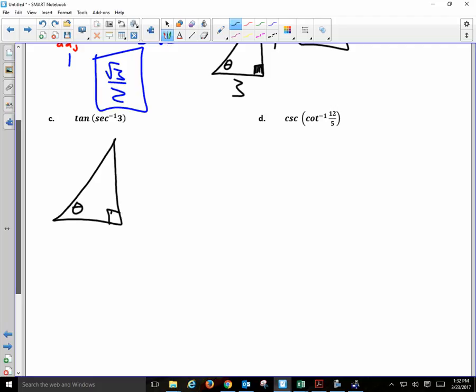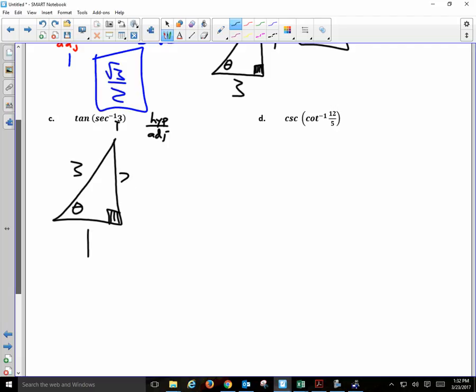Got theta, got a 90-degree angle. What's secant? Hypotenuse over adjacent. So what should I label the hypotenuse? 3. Adjacent? 1. Can I find the other side?